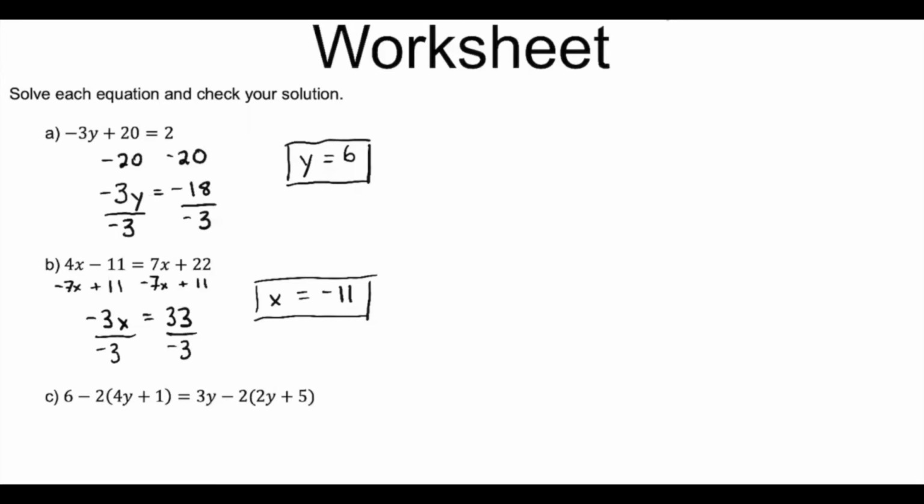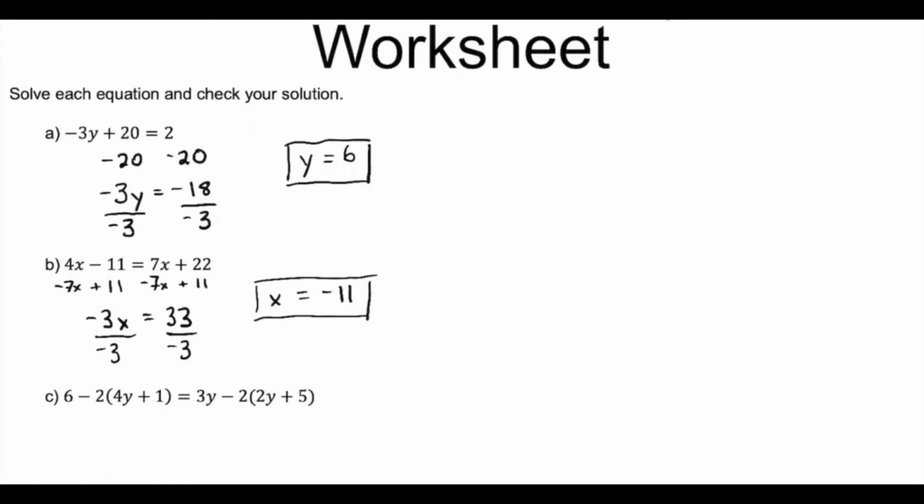So what will happen on the left-hand side is I'm just going to be left with negative 3x. And on the right-hand side, I'm going to have positive 33.